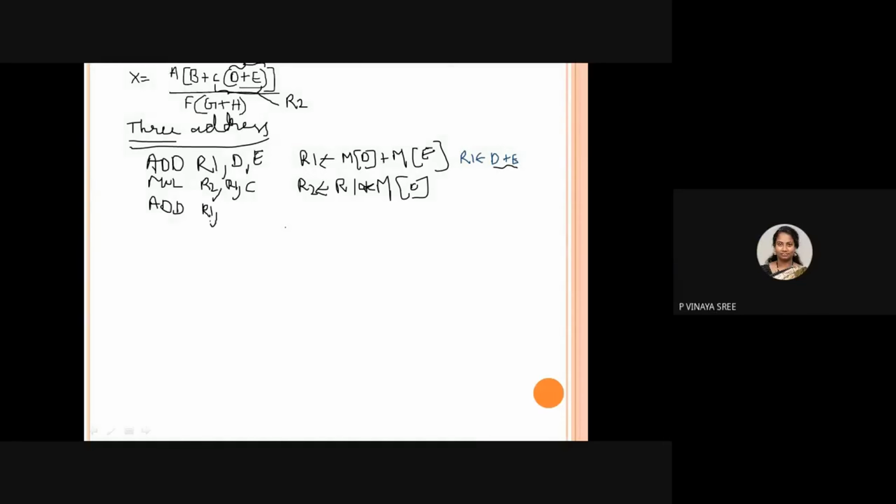Why? Whenever you are using general purpose registers, we need to minimize them. We should not take an unnecessarily large number of general purpose registers. Internally it slows down the system, because general purpose registers are available only in small numbers.